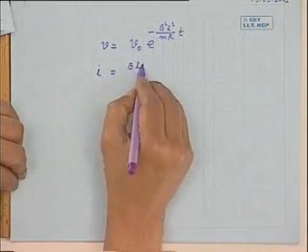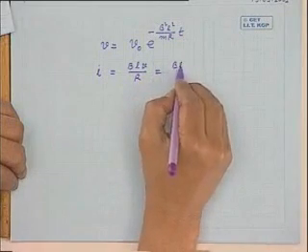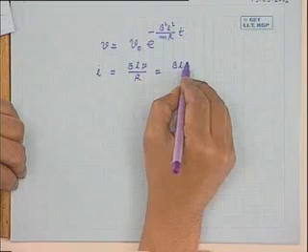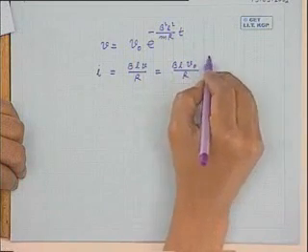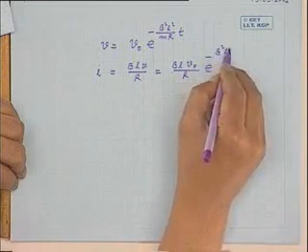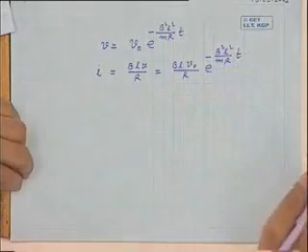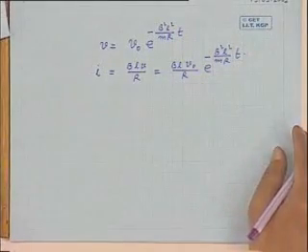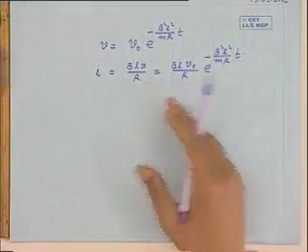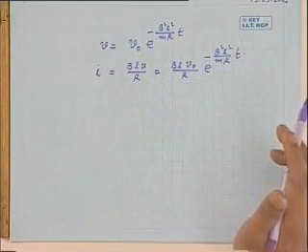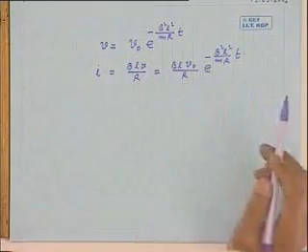Current will also be, as we know, BLV by R. So this will be BL V0 by R into e to the power of minus B square L square by MR into t. So this will be the expression for voltage and current as time passes, starting from 0.